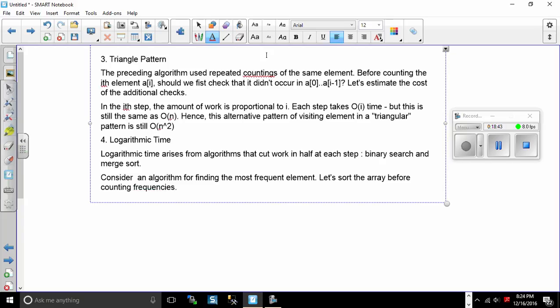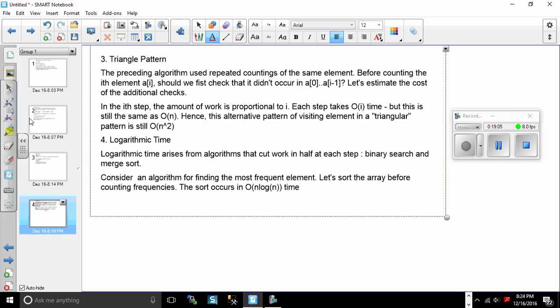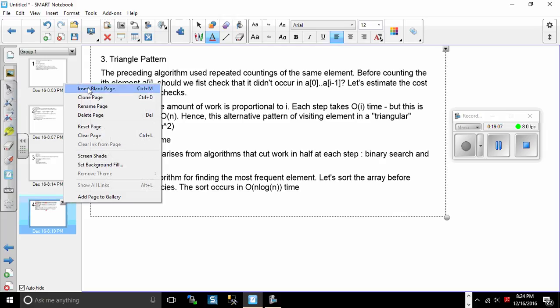The sort, of course, occurs in big O, n log n time. So for instance, I'm out of page space here, so let me go on with an example.